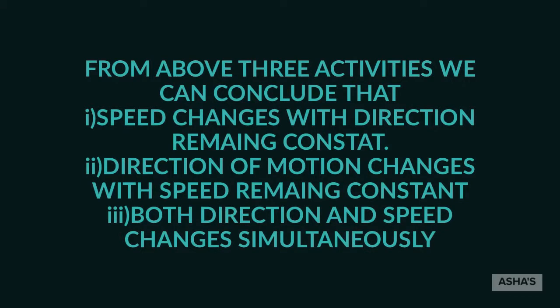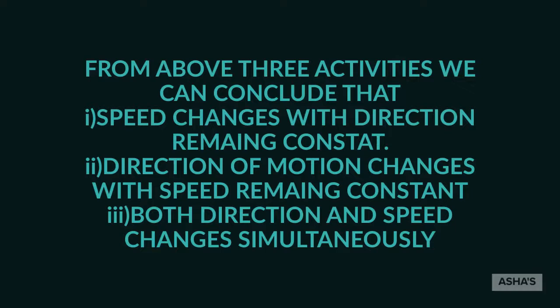From the above three activities, we can conclude, the first one, speed changes with the direction remaining constant. My dear students, when the ball is moving on an inclined plane, we observe that speed changes, but its direction remains constant.